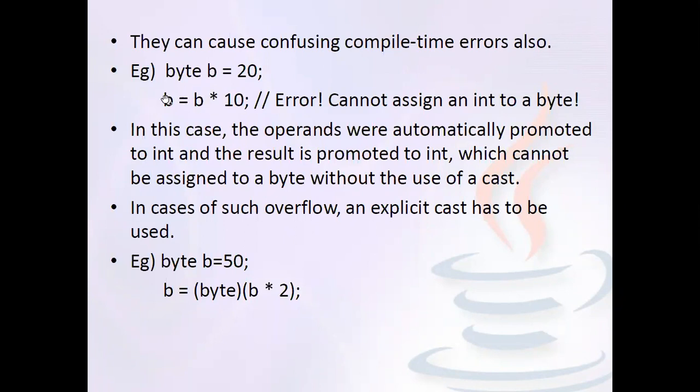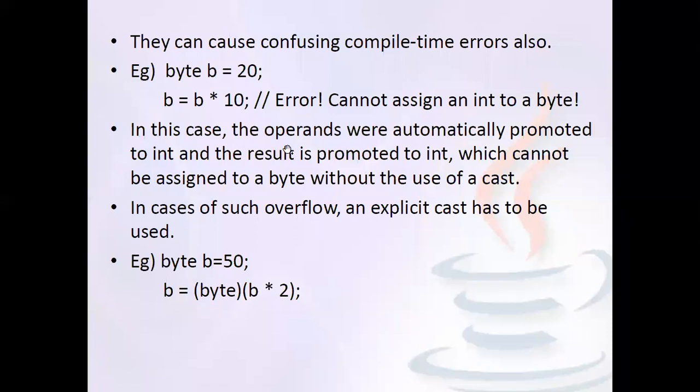But now you're trying to assign it to a variable which is of the byte type. An integer cannot be assigned to a byte type, and hence you'll get an error: cannot assign an integer to a byte. So whenever doing expression evaluation, a byte or a short will automatically get converted into an integer type. This is very important.